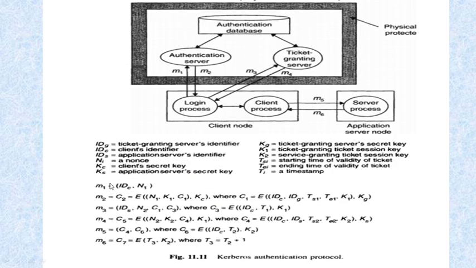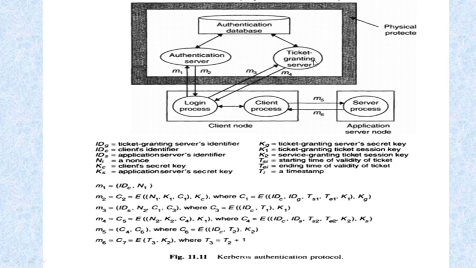So here it gives the identification. The first one we have seen just now. In the login process, any user will send a message via M1. The authentication server will validate it and generate the message M2. It contains the identity of the client, the ticket granting server identification number, and the ticket timestamp, starting time, ending time, and the key. And M3 will again send that message to the ticket granting service.